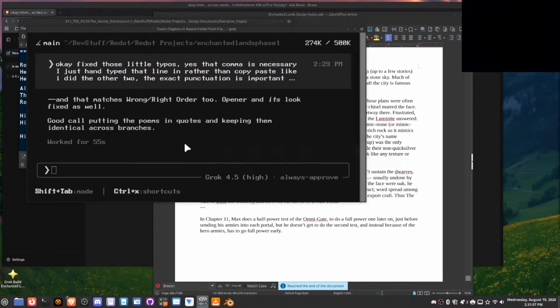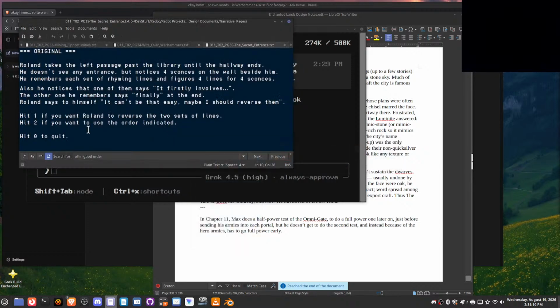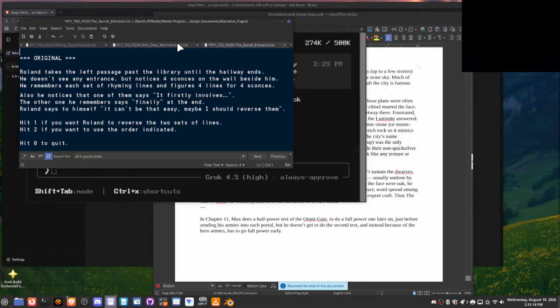Okay, so let's go ahead and do the next page, which is the secret entrance.